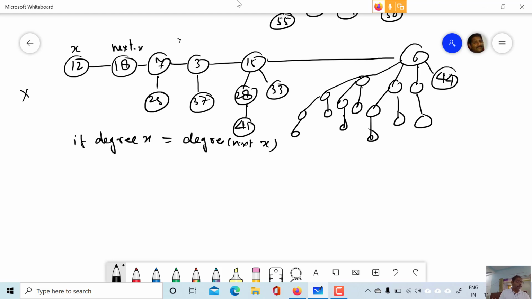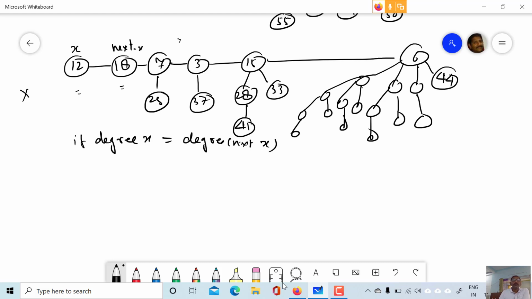We will make the next X as the child of X if the key value of next X is larger than that of X. The degree of X as well as degree of next X, both degrees are same.